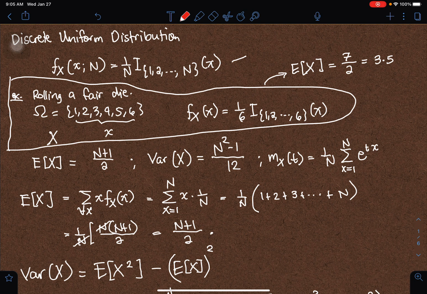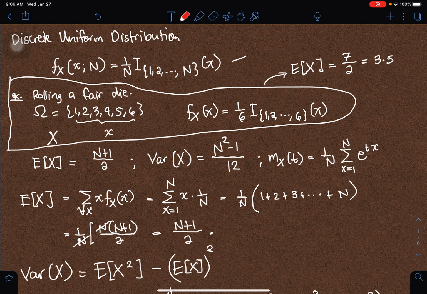Imagine we have a finite set with n elements, say 1 to capital N. And then we're going to assign uniform probabilities over those n elements. Then the probability of each element in the set will be 1 over the total number of elements in the set.